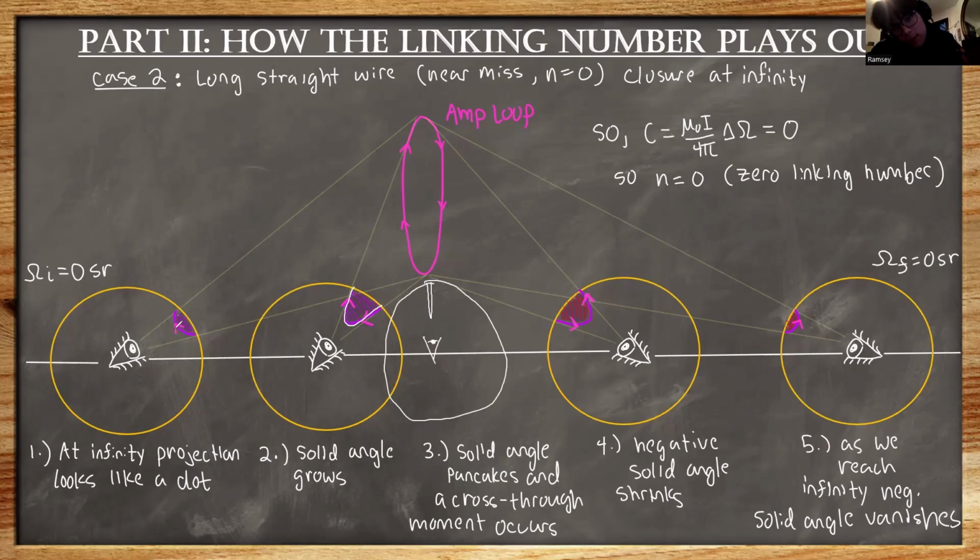When I project the amp loop onto the unit sphere, I'm making sure to keep the direction of the amp loop path as well as its size. Something weird happens when it pancakes, because this side used to be down and this side used to be up. Then there's a cross through event, and after that, this side is down and this side is up.